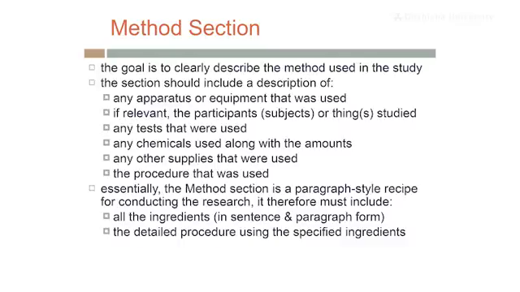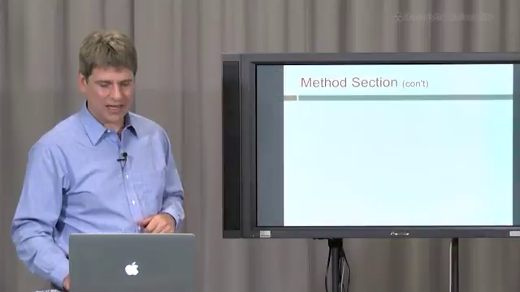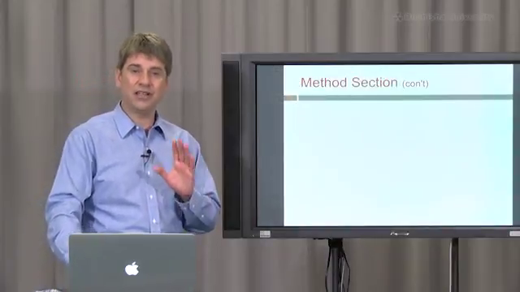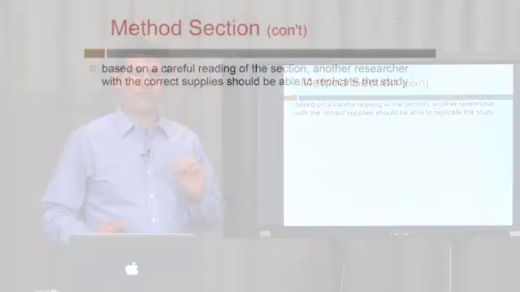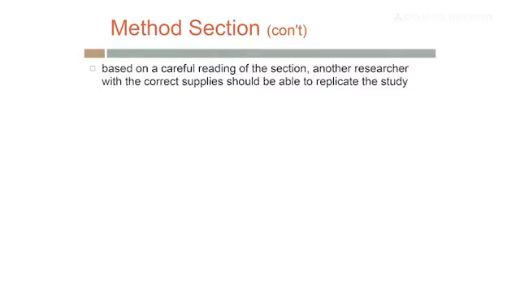So the goal of the method section is to let the reader know what you did. That means they need to know all of the ingredients and how those ingredients were used. So what was used and how it was used. And this, of course, needs to be done very clearly. Why? Because a careful reading of a materials and methods section should let some other researcher who has the same supplies be able to replicate the study.